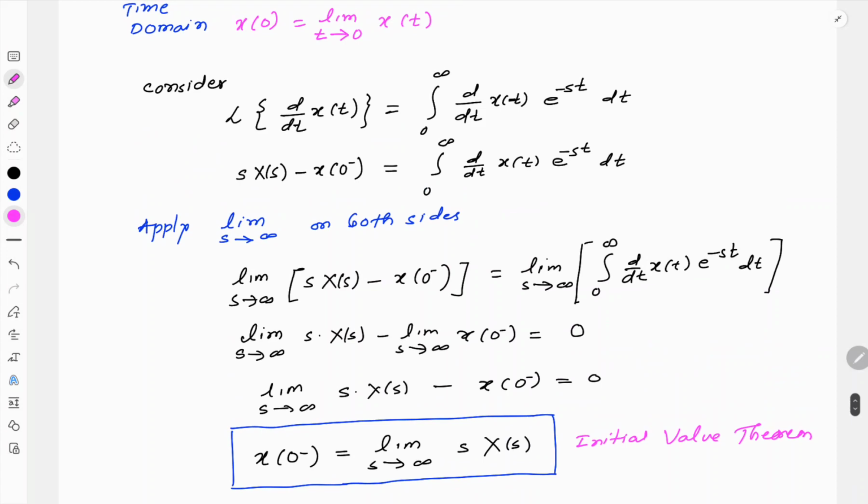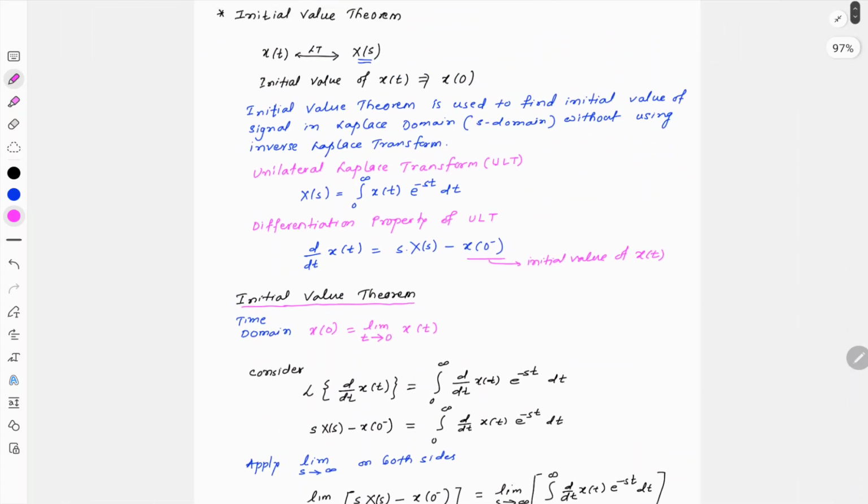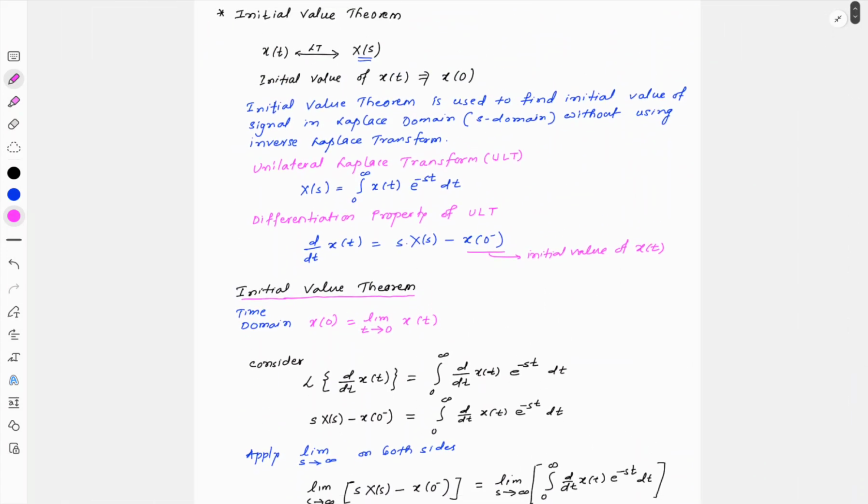So just to summarize again, we have the unilateral Laplace transform, x of s equal to integration 0 to infinity x of t e raised to minus st dt. We have the differentiation property of the unilateral Laplace transform, d by dt of x of t equal to s into x of s minus x of 0 minus, where x of 0 minus is called the initial value.